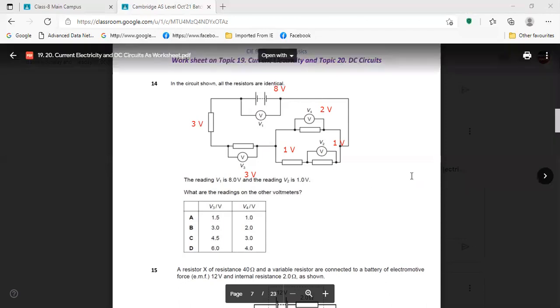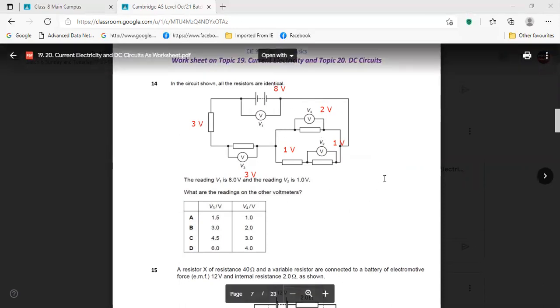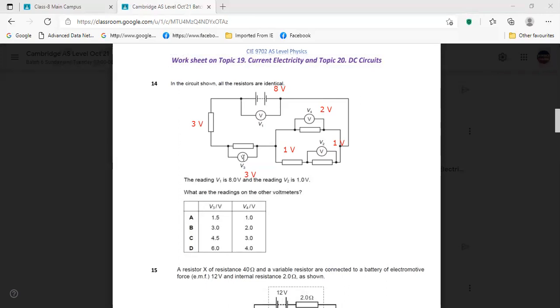Sir, please explain the 3 volt once more. Look, we have in the power supply 8 volt, right? Yes sir. And this parallel part is sharing 2 volt from this 8 volt. So how much is left? 6 left. They are saying all the resistors are identical.